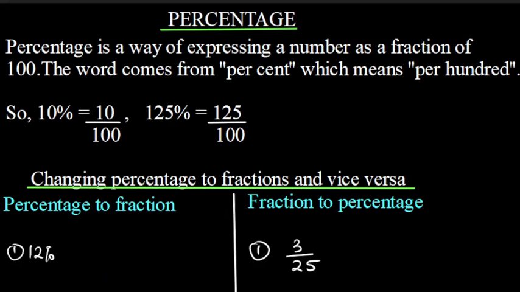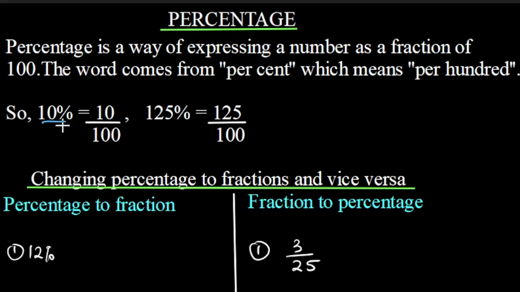So what is percentage? Percentage is a way of writing a number as a fraction of 100. The word comes from percent, which means per 100. So for example, we have 10%.